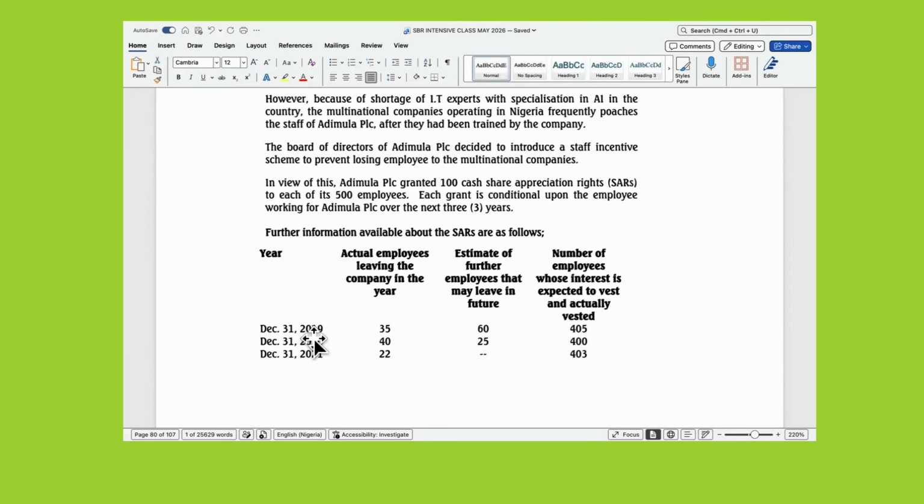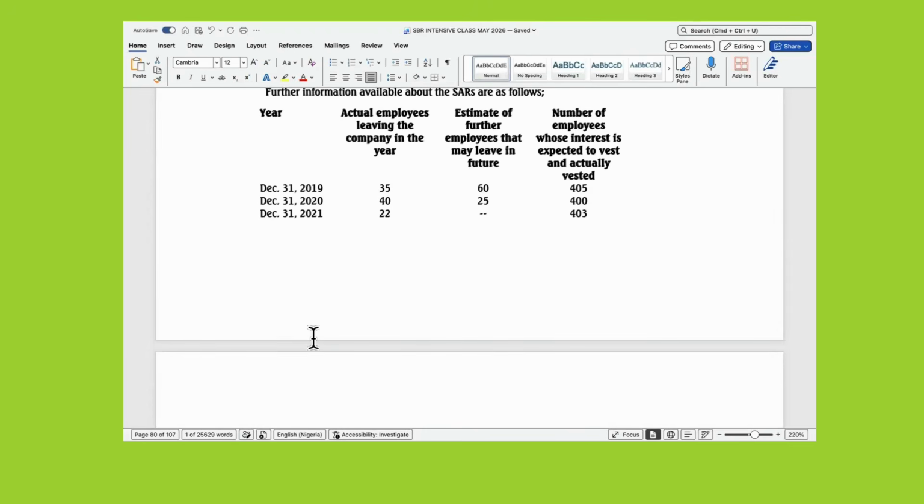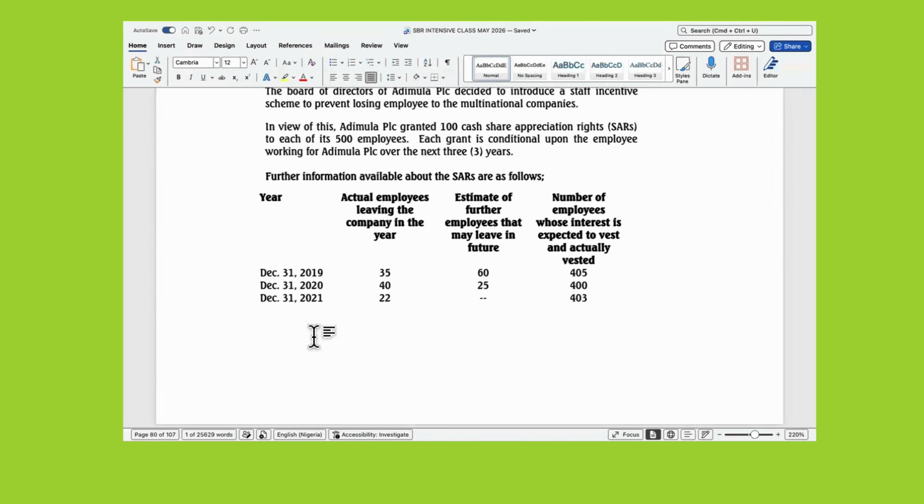But the number of employees we need are the number that we will actually give these to, which is the estimate of the number of employees that will vest. When I say vest, I mean that will work for us for 3 years. That is what we recognize in year 1.